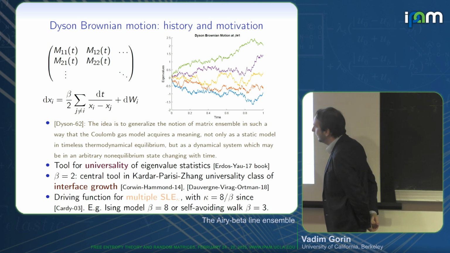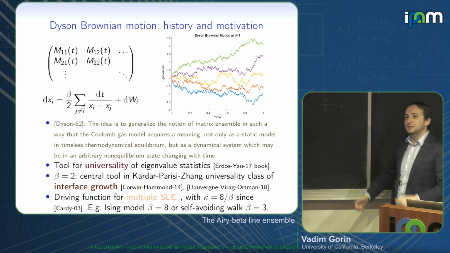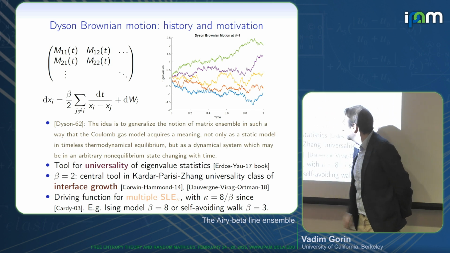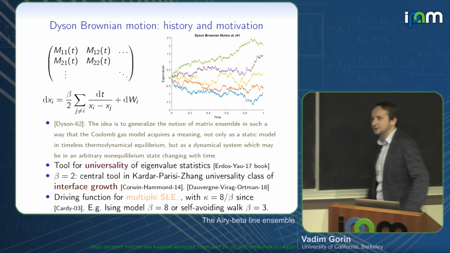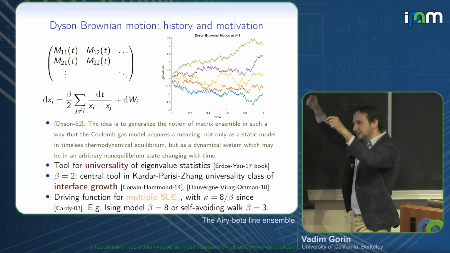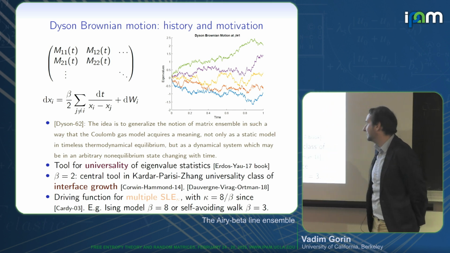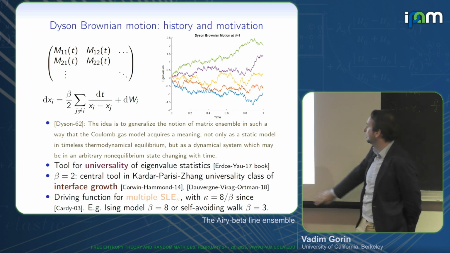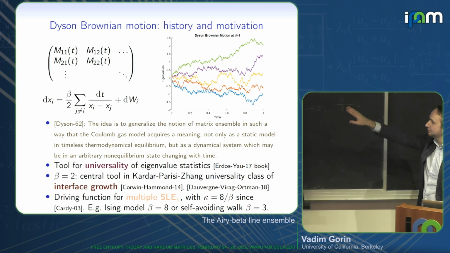And these interfaces very often in the scaling limit become conformally invariant objects, and these are encoded through the theory of Schramm-Loewner evolutions. There is a theory of these Schramm-Loewner evolutions when you have several interfaces evolving together, and in it there is something called the parameterization for these interfaces, or driving function. And this turned out to be exactly Dyson-Brownian motion, a solution of that equation.